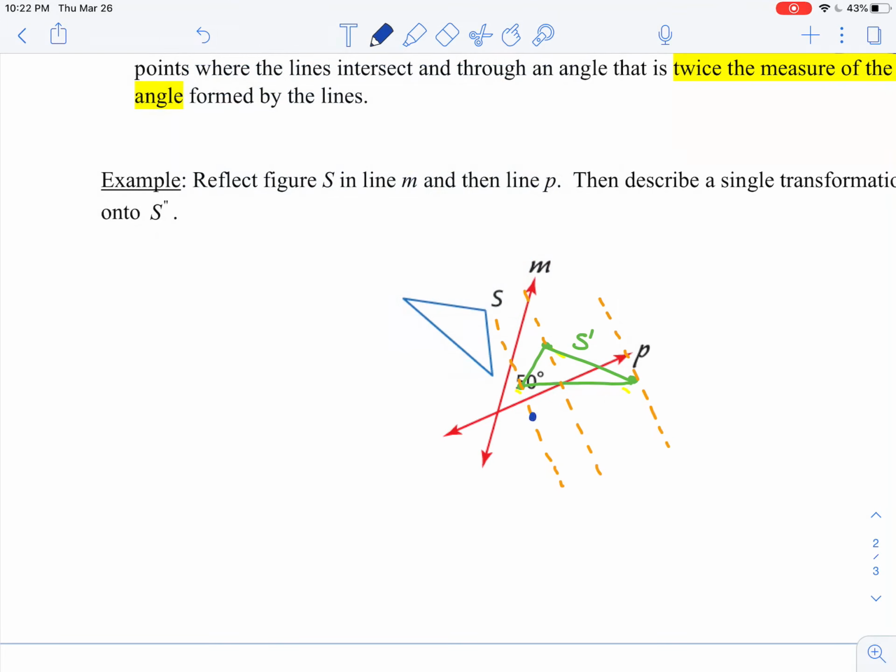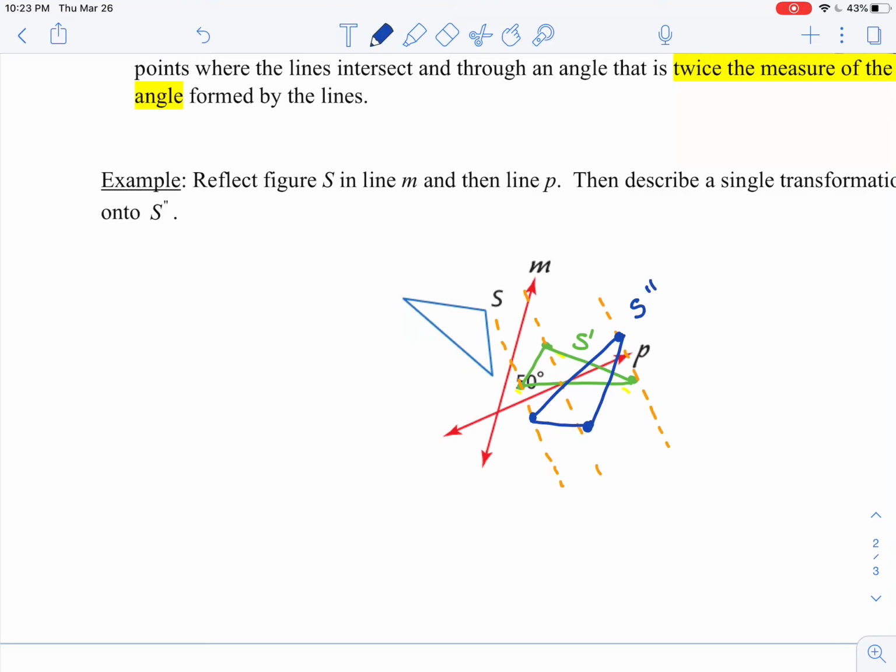Okay, then we measure the distance from each vertex to the line of reflection. Recreate that distance again on the other side of the line of reflection. Let's put this about here, make it look more accurate. Okay, this final triangle that we come up with is triangle S double prime.